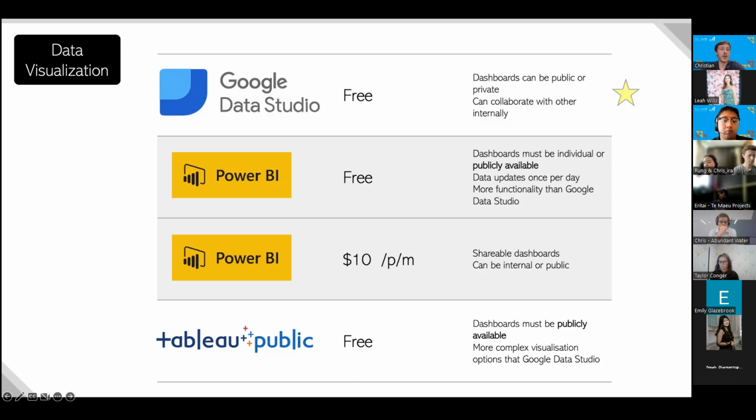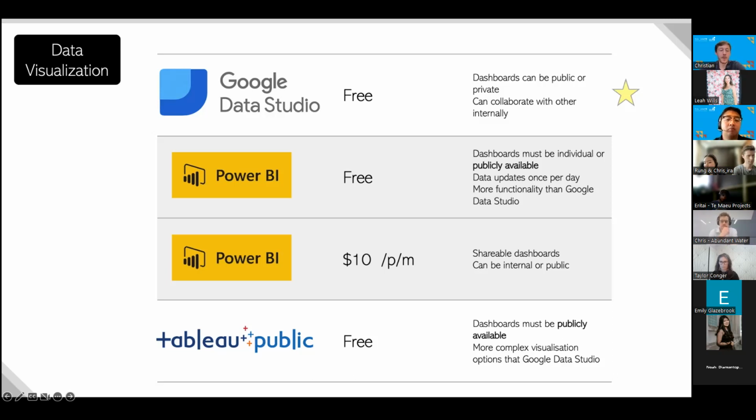So the first one is Google Data Studio, which is great because it's free. Like all Google products, you can collaborate with others. You can make your dashboards private or public. But it's not as powerful as the other options on this slide. But for most use cases, you'll be able to find all your basic charts within Google Data Studio.